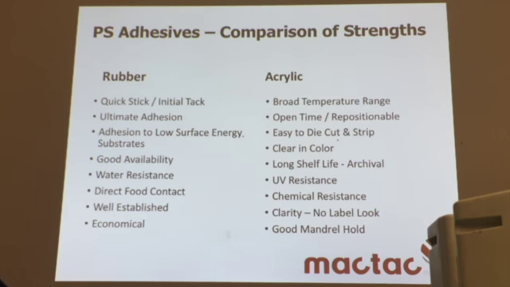It has ultimate adhesion and works on low surface energies. So it's great for a textured wall, for wood, anything that's porous, non-smooth surfaces. Rubber-based is a good adhesive for those. It also has good availability, water resistance, and direct food contact.